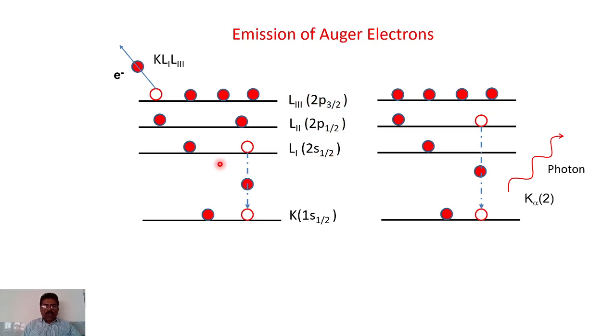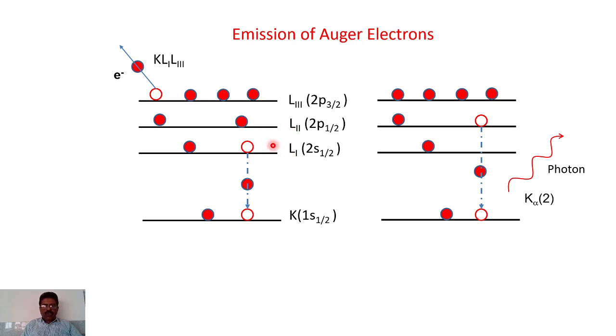So, suppose in the method of production of X-rays, the external electron which is accelerated by high potential strikes the electron in the K shell, and this electron is made free. Its position will be occupied by an electron in the outer shell.